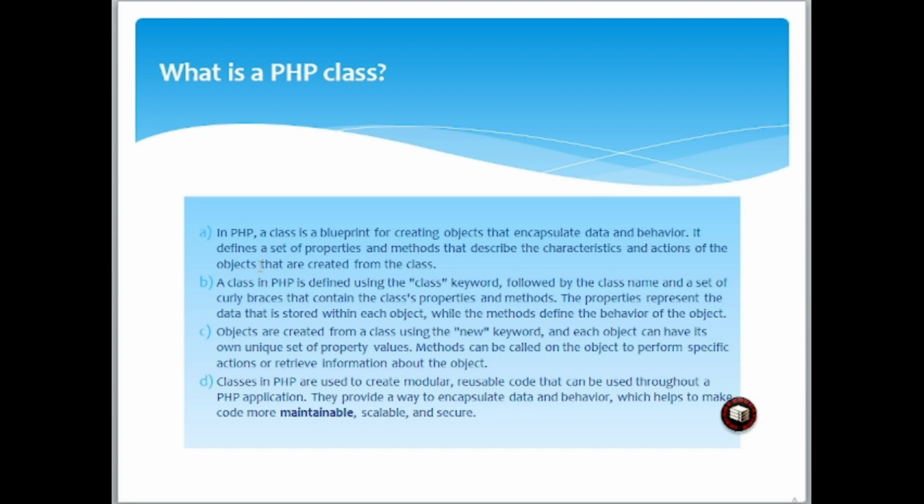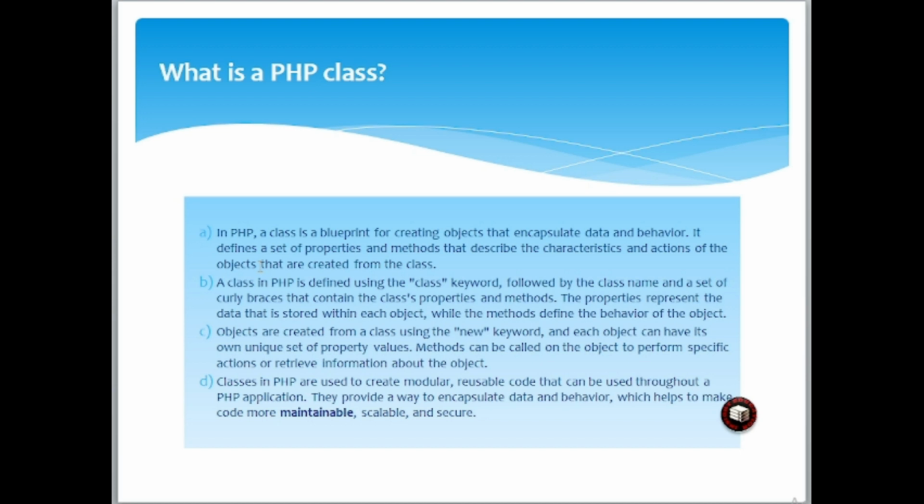The properties represent the data that is stored within each object, while the methods define the behavior of the object. Objects are created from a class using the new keyword, and each object can have its own unique set of property values. Methods can be called on the object to perform specific actions or retrieve information about the object.